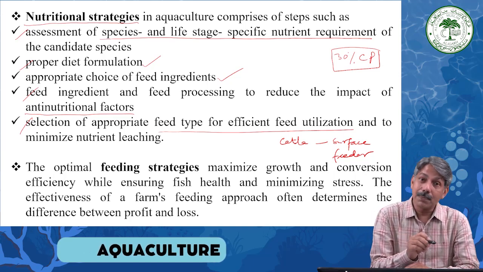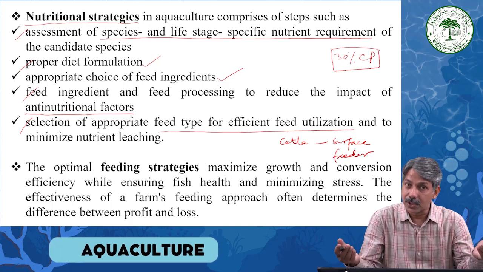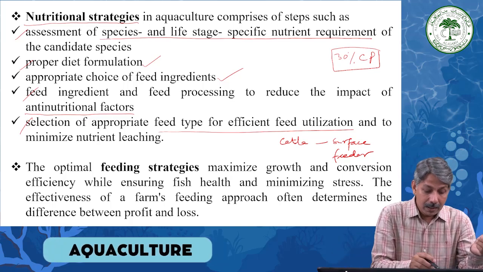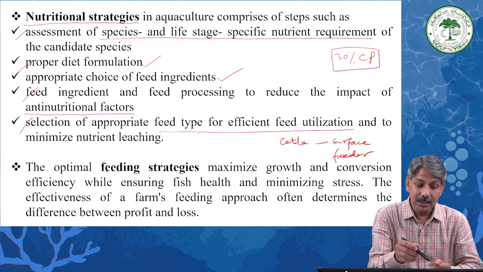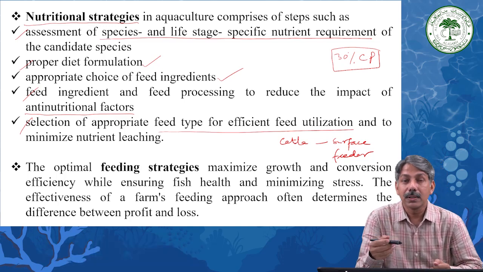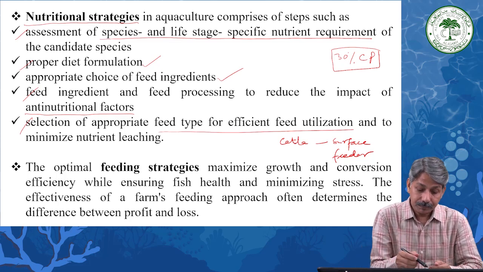So the feed type you will have to select according to the candidate species or fish species you are stocking. Then the optimal feeding strategies. These we were discussing were in terms of nutritional strategies, what we should do.